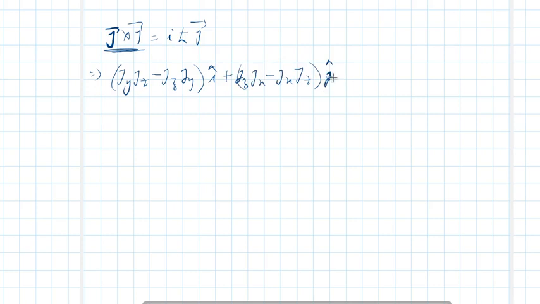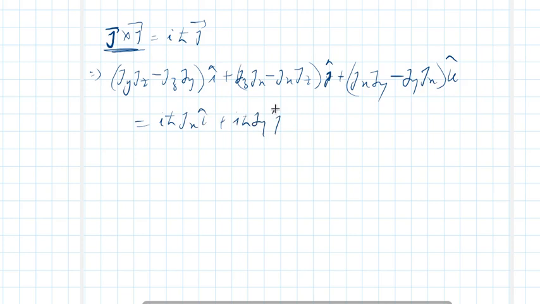It's a simple vector algebra approach; you can do it on your own. It can be written as iota h cross Jx i cap, iota h cross Jy j cap, and iota h cross Jz k cap.